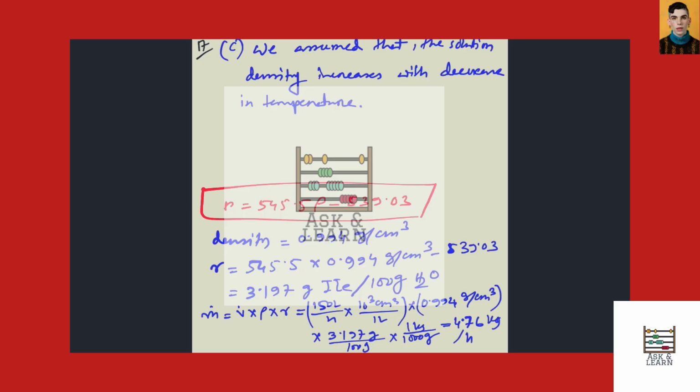Therefore the solution density at 47 degrees Celsius is more than 0.994 gram per centimeter cube. Therefore the mass flow rate calculated in part B is too low.